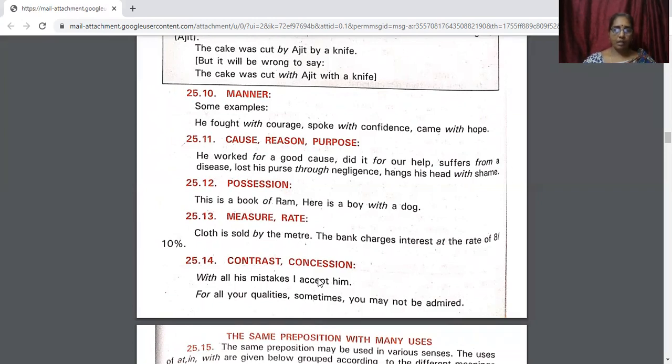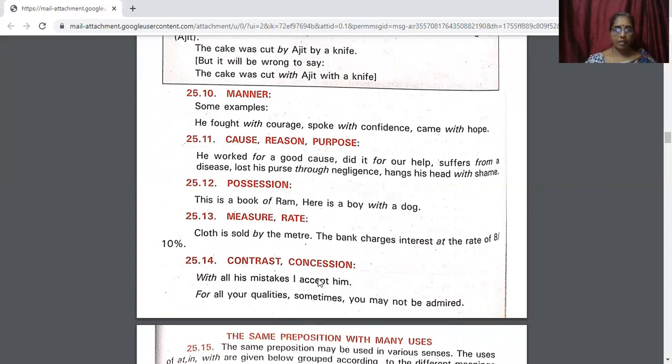Possession. This is a book of Ram. Here is a boy with a dog. You see the measure and rate. Cloth is sold by the meter. The bank charges interest at the rate of 8 to 10%.